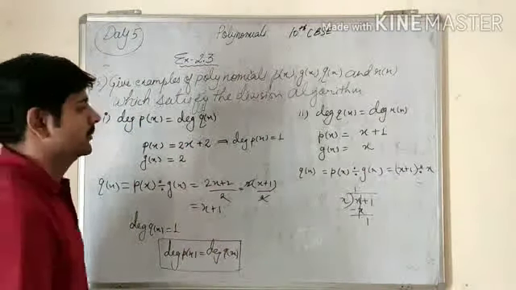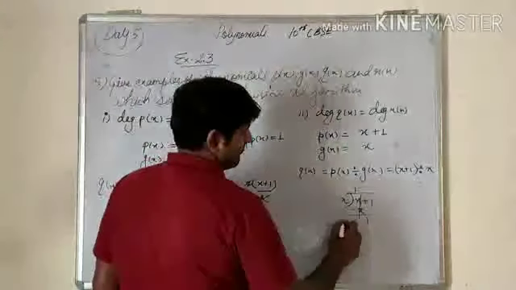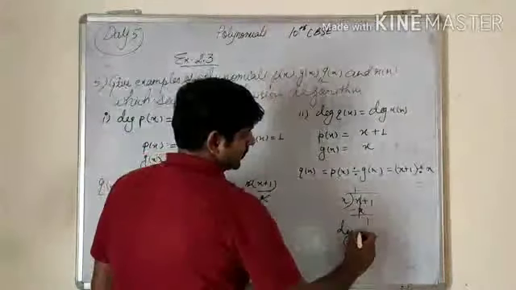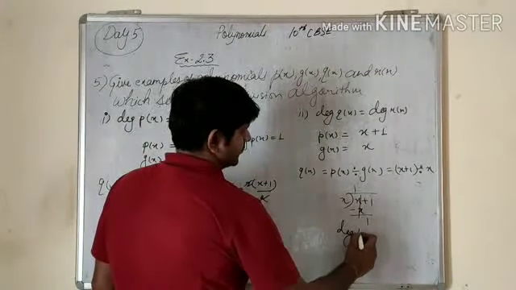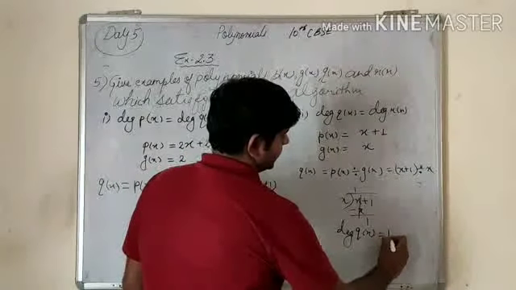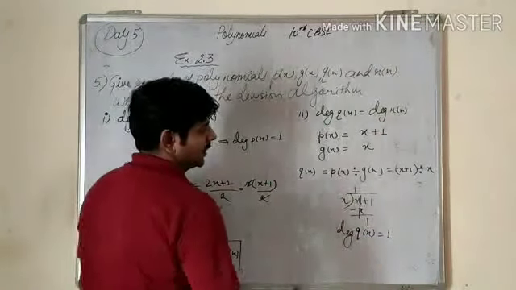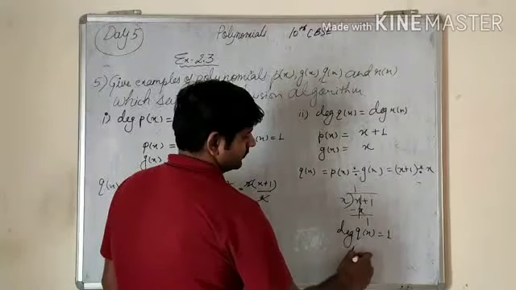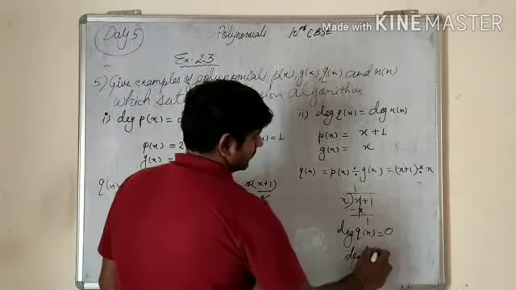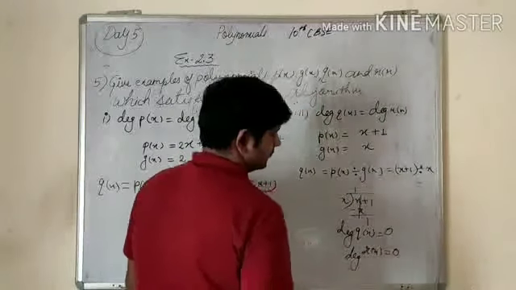So degree of q(x), that is, sorry, not 1, 0, and degree of r(x) also 0.